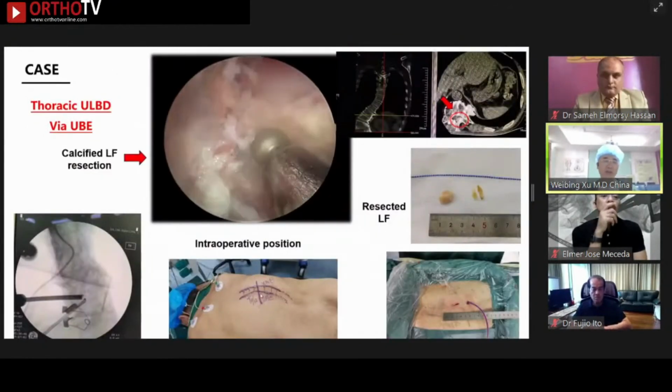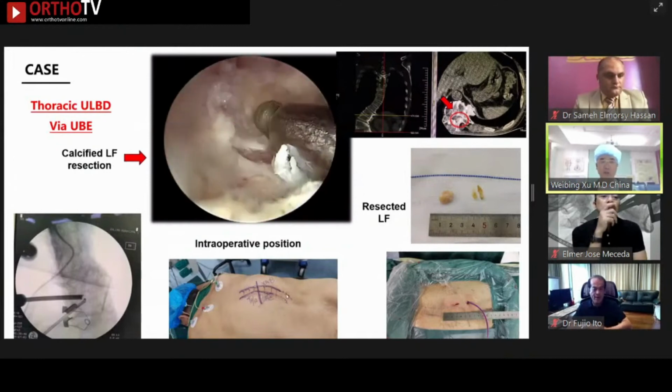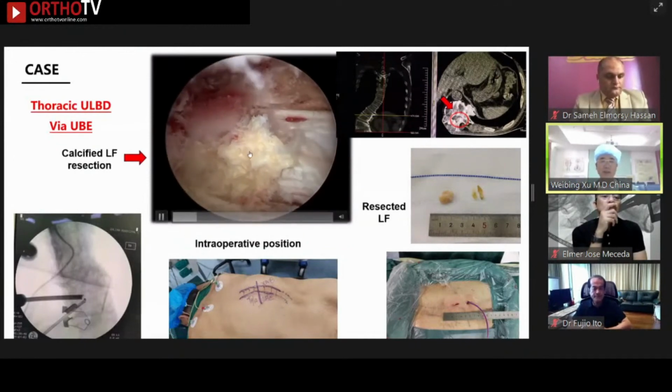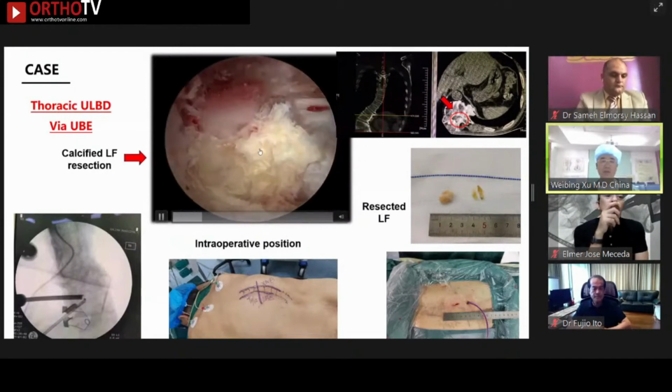We do the thoracic ULBD with the UBE base. It is calcified ligamentum flavum.